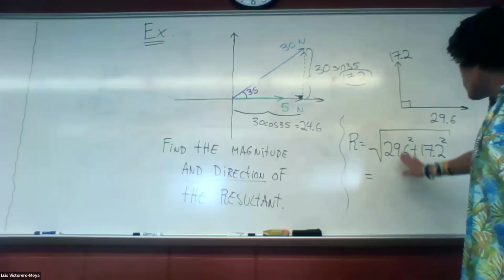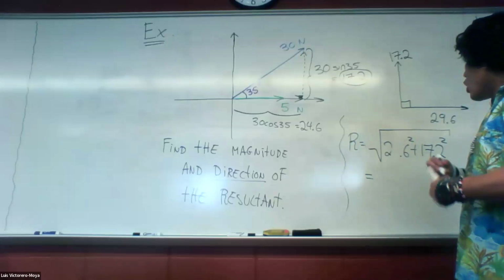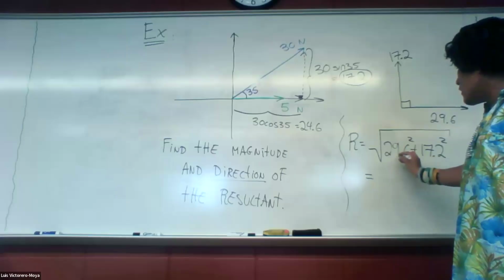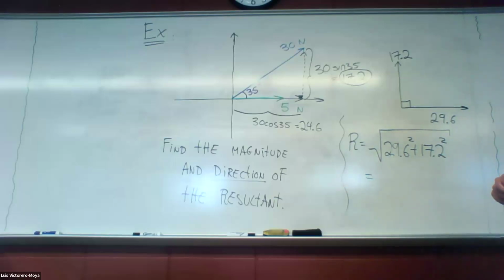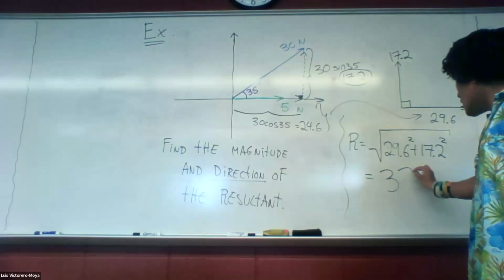It's supposed to be 29.6 because you add in the 5. Yeah, my bad. Then I think the total is 33.9. All right.